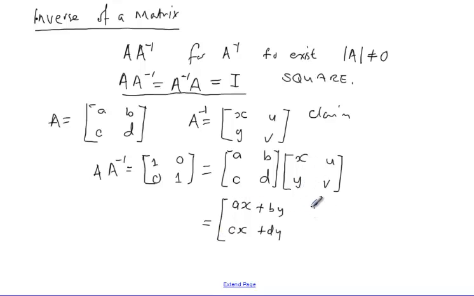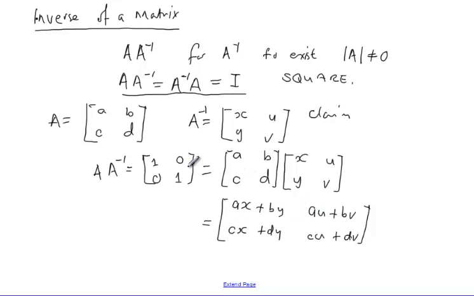In the second column, I'm going to use AU plus BV, and here CU plus DV. Then I've got that. Are we together? Okay. Now, let's see what we are getting here.